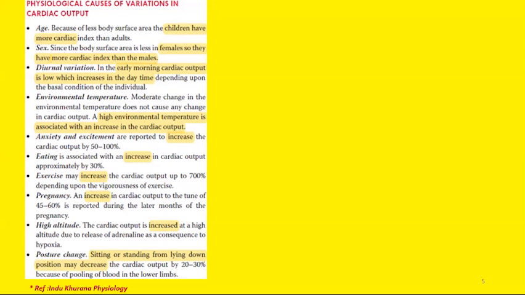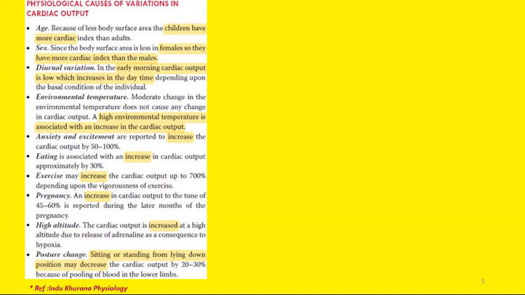Environment changes do affect cardiac output to some degree. Moderate change in environment will not significantly affect the cardiac output. However, high environmental temperature change may increase the cardiac output.